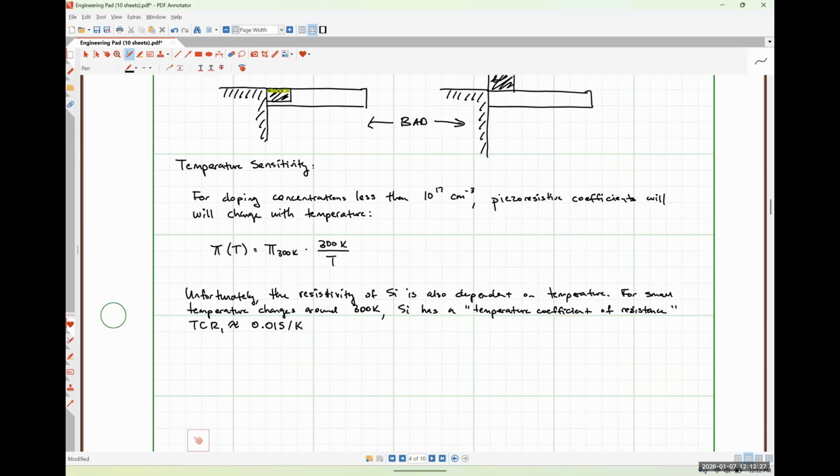Okay. And as it turns out, this effect can actually be greater than the piezoresistive effect itself. So I did the math for a 5-degree Kelvin temperature change and found that the temperature coefficient provided a 3.5 times greater change in the resistance than the piezoresistive coefficient.